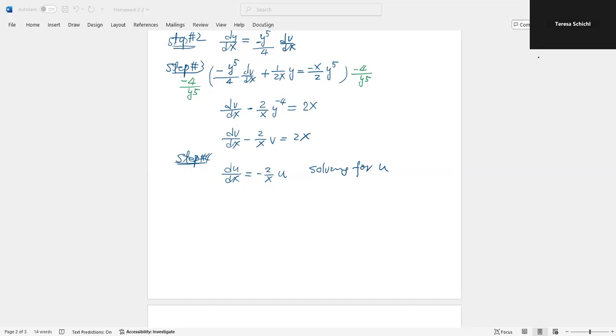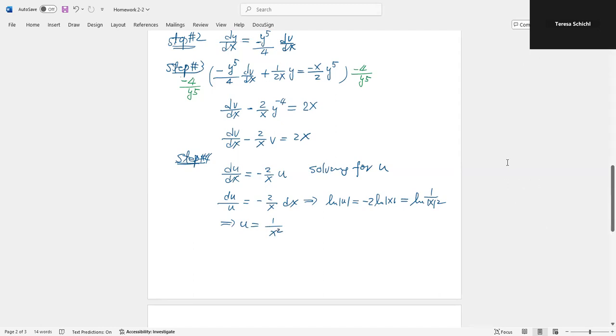All right, so here we can have du over u equal to negative 2x dx. So I will have natural log u equal to negative 2 the natural log x. And this one I can change to the natural log 1 over x squared here. So I can get my u is equal to 1 over x squared.